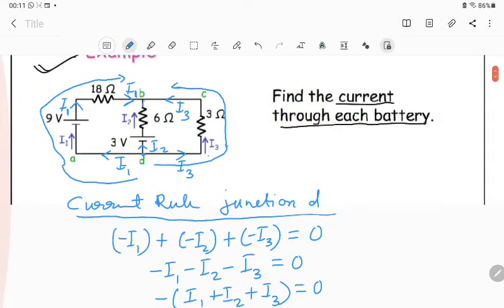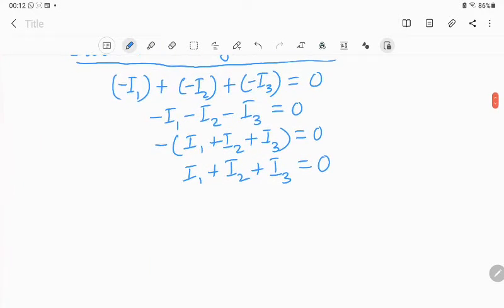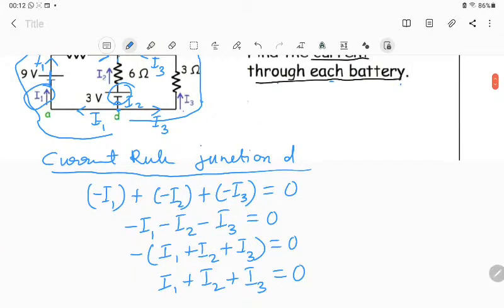Okay, in the question, find the current through each battery. So which current is flowing in the battery? I1 current is flowing in the battery, and then the I2 current. So we have to find I1 and I2.